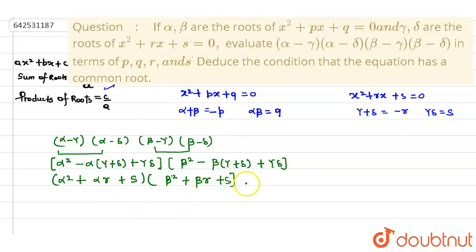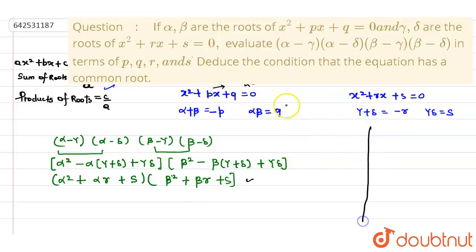Now it is clear that we got this expression as of now. Now understand, the roots of the equation are alpha and beta, that means they should satisfy the equation. I'm just trying to find out the values of alpha square and beta square so that I can put them over here and find the solution.